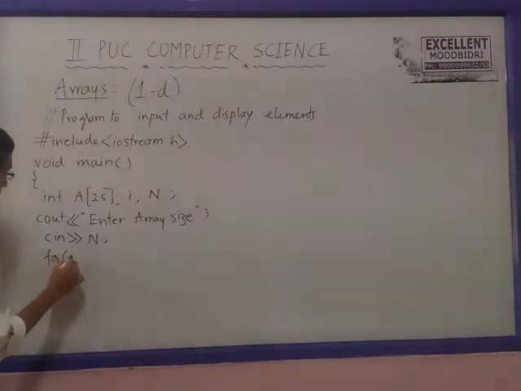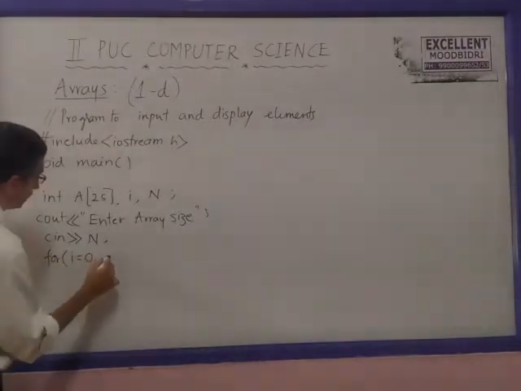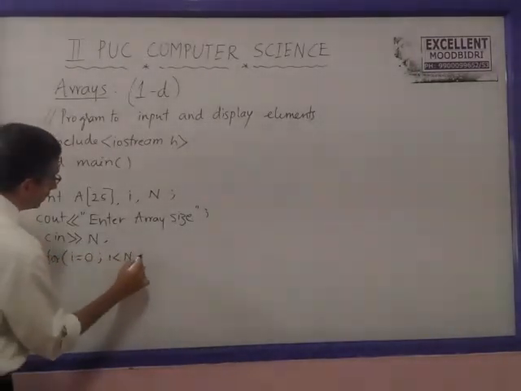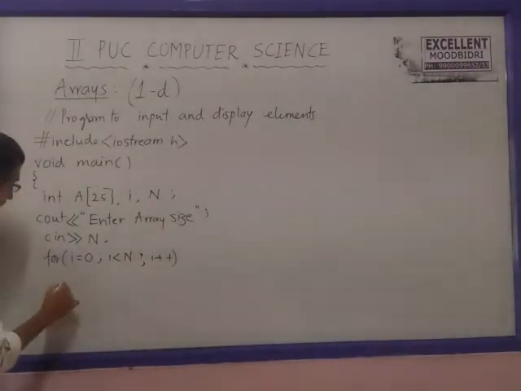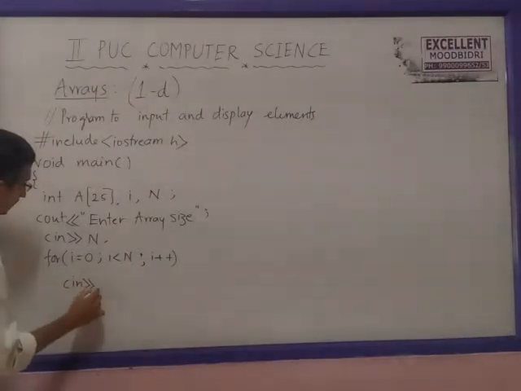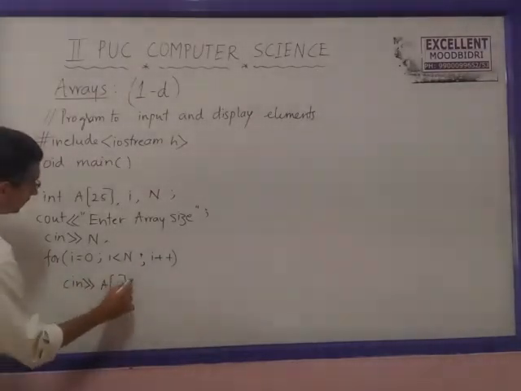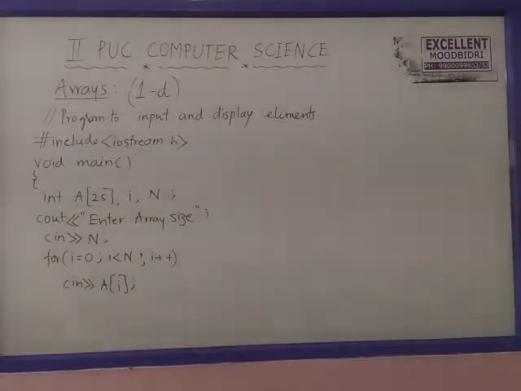For i equal to 0, i less than n, i plus plus, cin a of i. That is how you enter the items of the array. And here you could have written enter the array items also, just to display cin a of i.